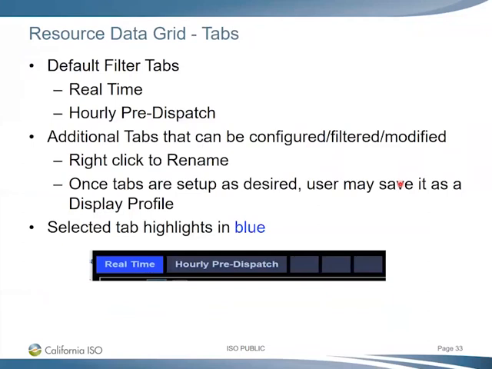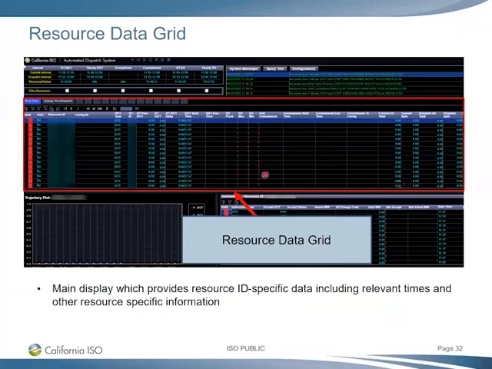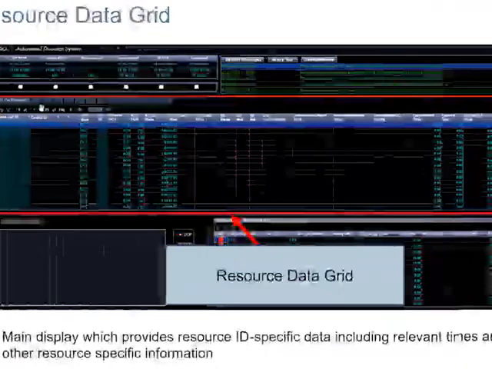For these tabs, let me go back here so you can see where these were at. In the resource data grid, we have these tabs at the top, which looks similar to what you have today. Let me zoom in a little bit.